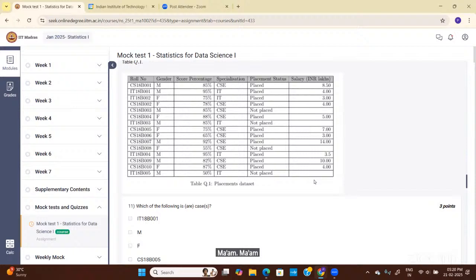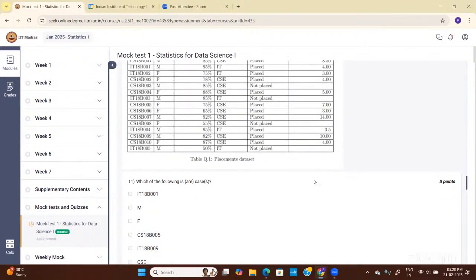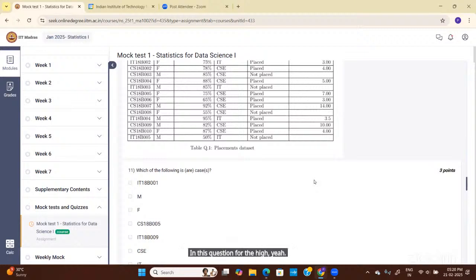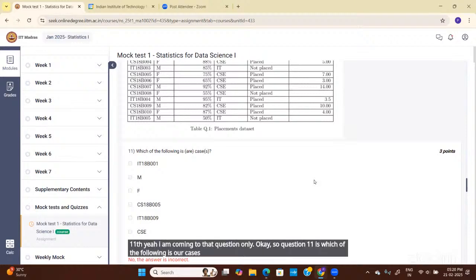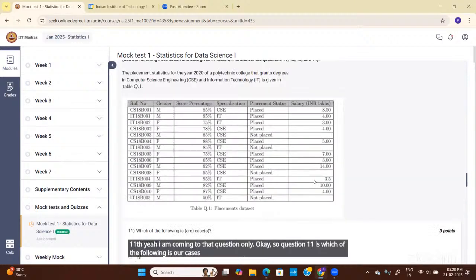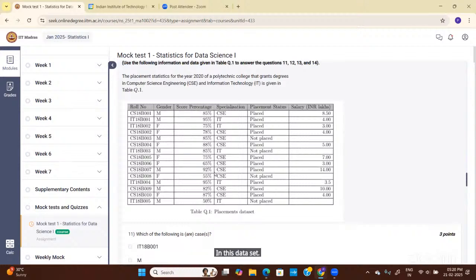Ma'am, please elaborate all the options, because I select an option and get confused. Yes, I am coming to that question only. Question 11: which of the following are cases? So what are the cases in this data set? Which data is collected?